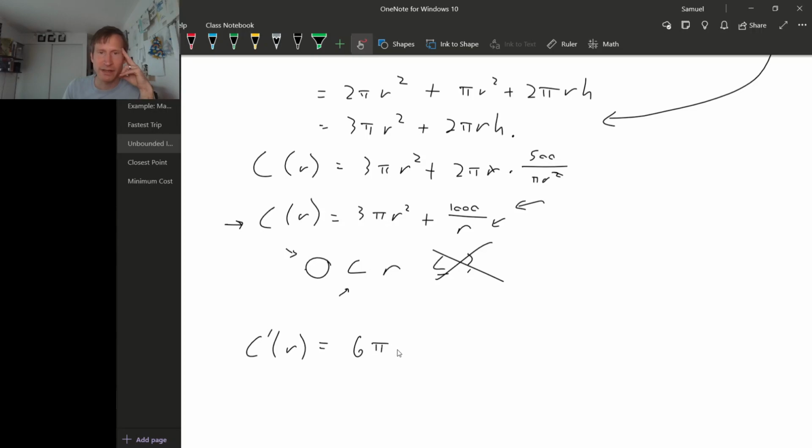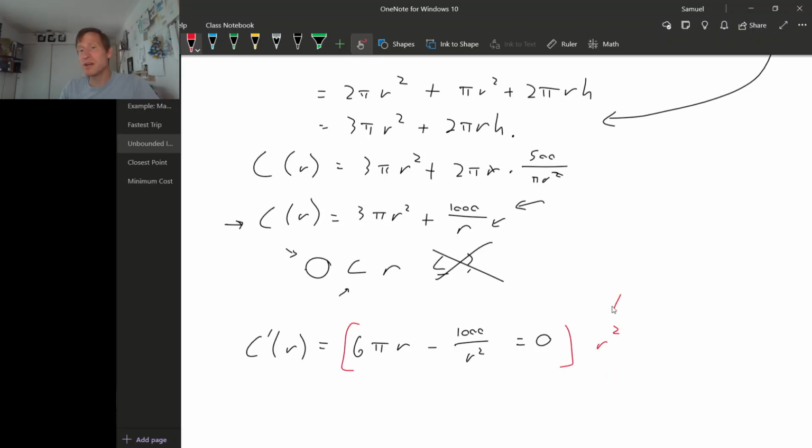So we get 6 pi r minus 1,000 over r squared. Now we need to set that equal to 0. Okay, solve this equation, so let's multiply both sides by r squared.